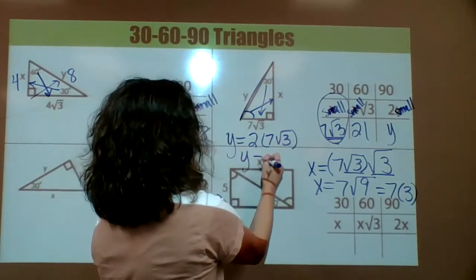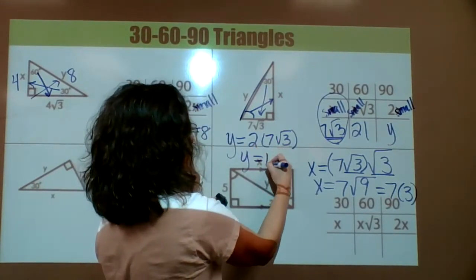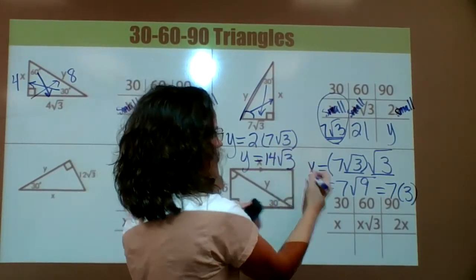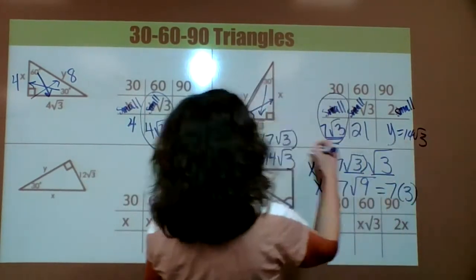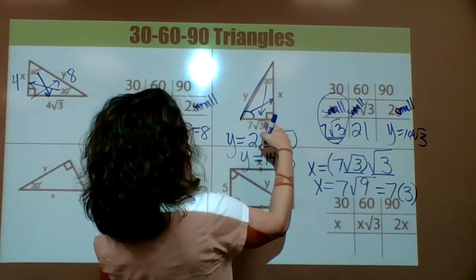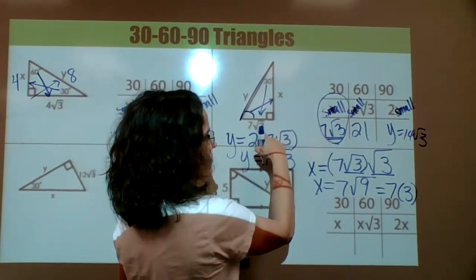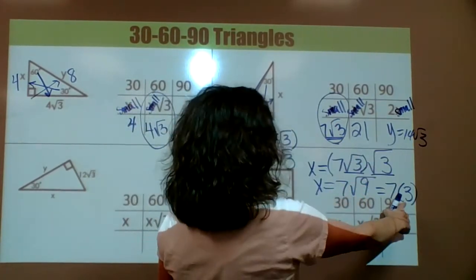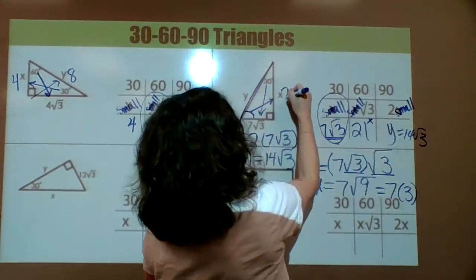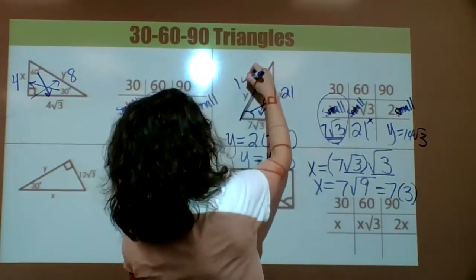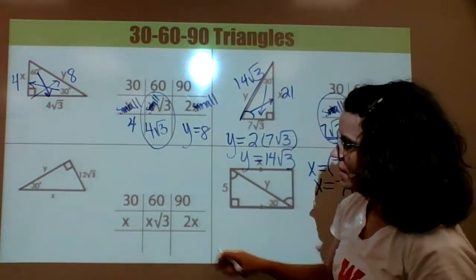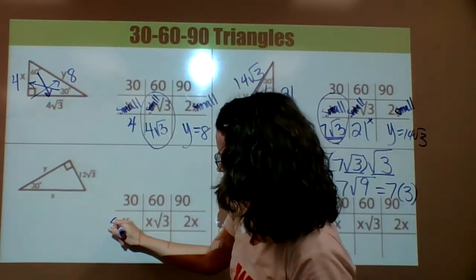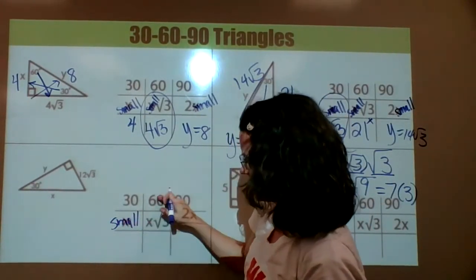And so y will equal 2 times 7 is 14 root 3. So y is 14 root 3. So now I know the small guy is 7 root 3, x equaled 21, and y equaled 14 root 3.